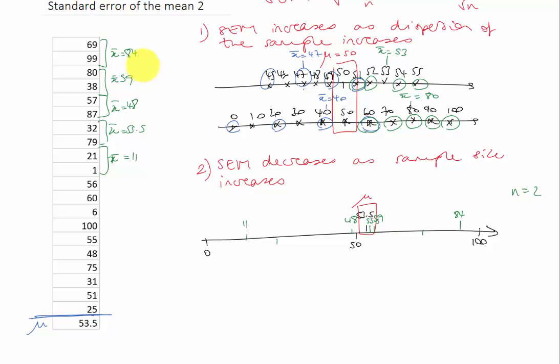And how about if we take now sample size of 5. So then for here the sample means are like this. So let's remark those on as well in blue.